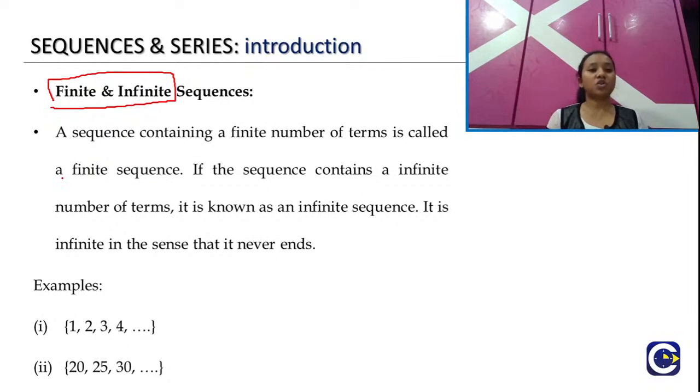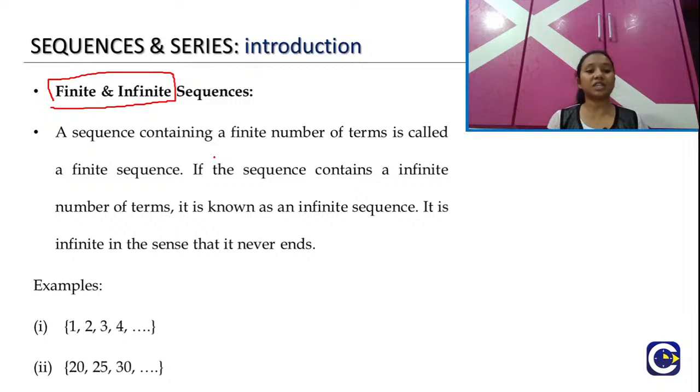In your sets chapter also we have dealt with finite sets and infinite sets. The same condition and same definition will be applicable for these types of sequences also. Right. So what is the definition of finite and infinite sequences?